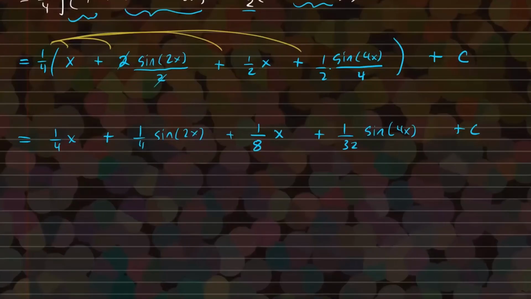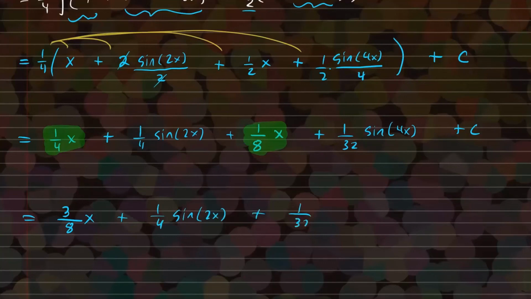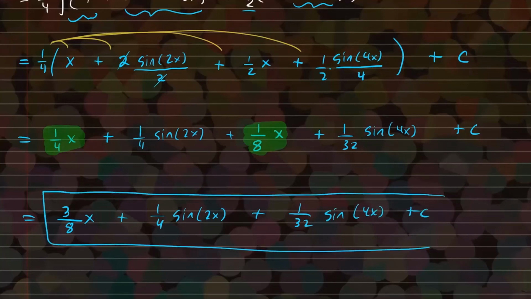Now, if you want to take this to the next level, combine these. Put them in a common denominator, so I multiply the first one by 2/2. That gives you 3/8 x plus 1/4 sine of 2x plus 1/32 sine of 4x plus C. So that is one way to express the answer.